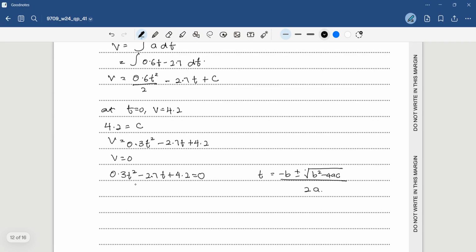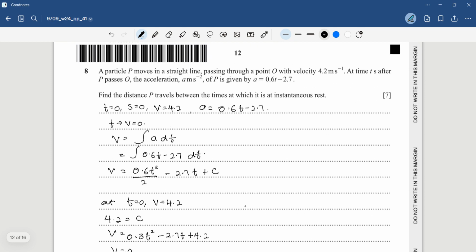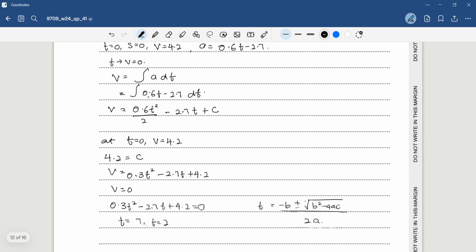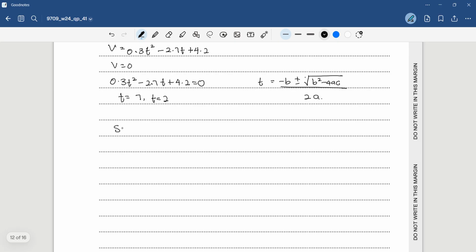So I got t is equivalent to 7, and t is equivalent to 2. Then just integrate. In order to find s, it's going to be from 2 to 7 of 0.3t squared minus 2.7t plus 4.2 dt. Remember, s equals the integral of v dt.